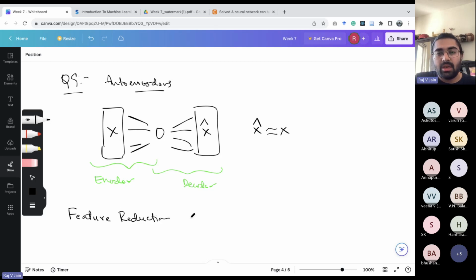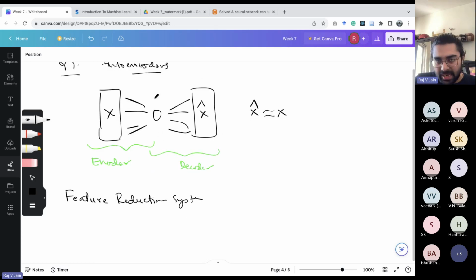Because the layer here will generally have fewer output units, or neurons, compared to the X input, if X belongs to some R power m space, the output from this, let's call it Z, will belong to some R power n space, where n is much less than m.